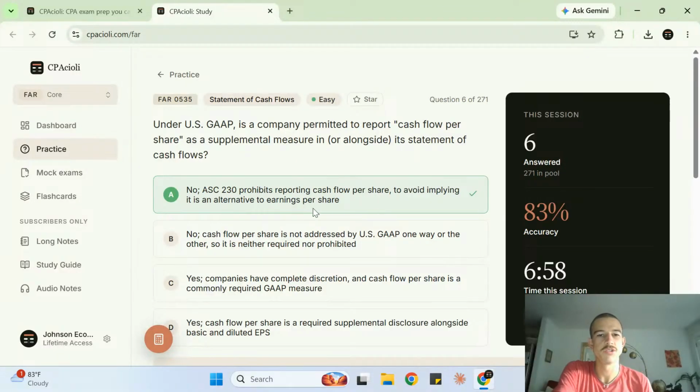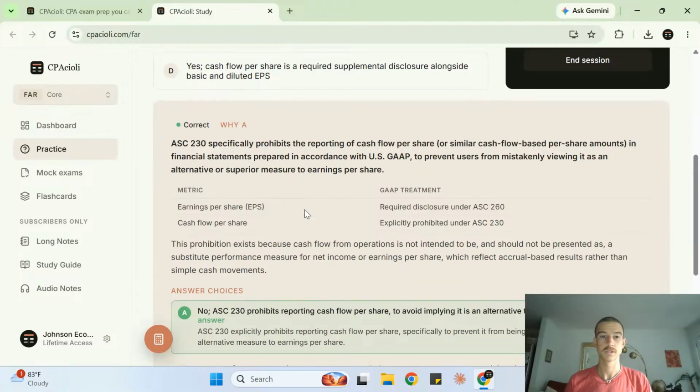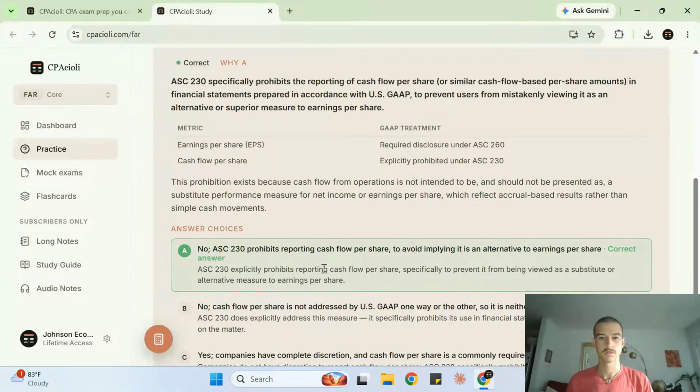Okay. ASC 230 prohibits reporting cash flow per share to avoid implying it is an alternative to earnings per share. It specifically prohibits the reporting of cash flow per share in financial statements, to prevent users from mistakenly viewing it as an alternative or superior measure to earnings per share. Cool. Good to know.